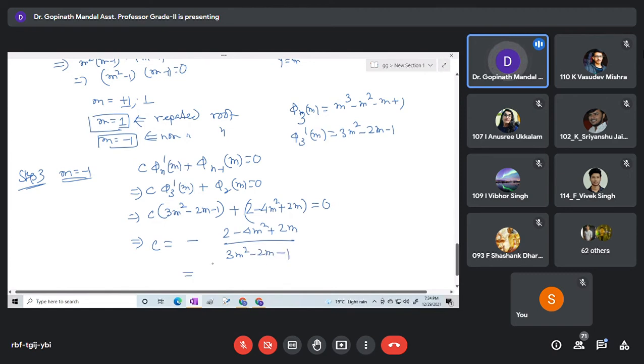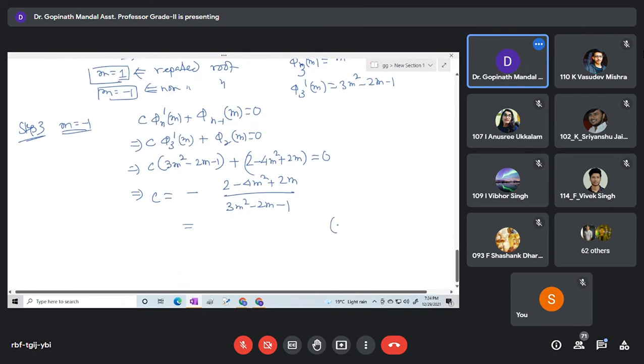Now put m equal to minus 1 here. So the value will be plus 1.